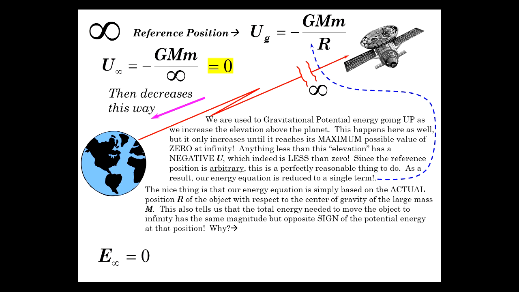So if the total mechanical energy is 0, and that's what I mean by E here, at infinity, if it's all 0, then we know that it's kinetic plus potential. But potential is already 0 because when you put infinity in there, that's 0. That also means then that the kinetic energy is 0.